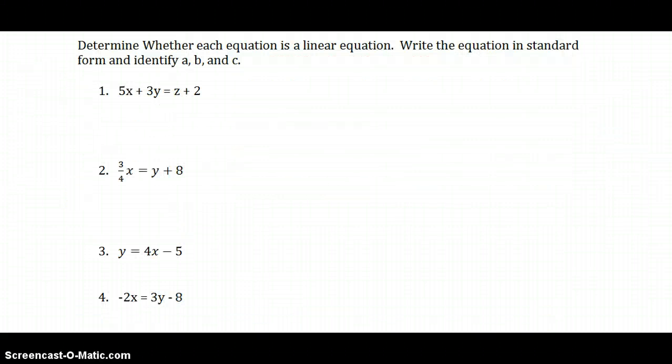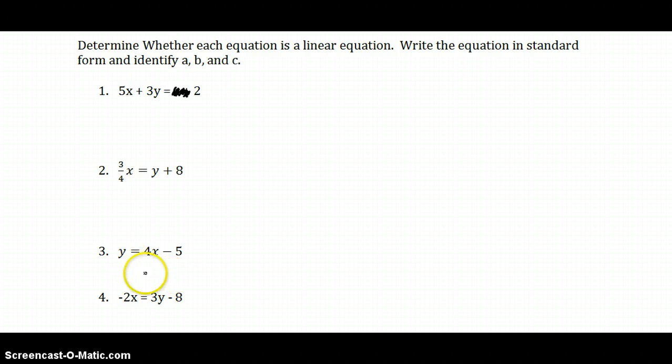Alright, so let's look at some equations. It says here to determine whether each equation is a linear equation, and if it's linear, write the equation in standard form. Identify A, B, and C. Well, the first problem I see is there's a typo here. This should just say equals 2. And I'm going to go ahead and spill the beans that all 4 of these are linear, because if you look at my x's and my y's, they do not have exponents greater than 1 or less than 1.